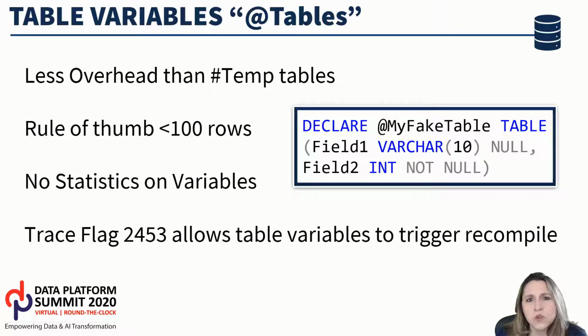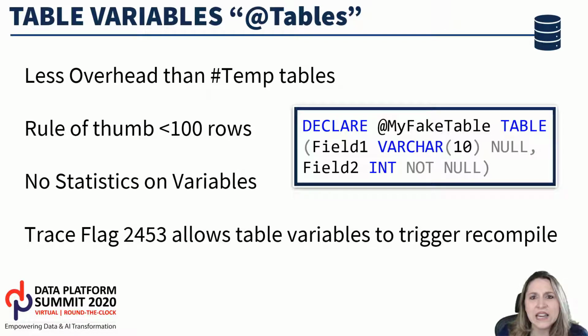So no matter what our actual rows coming through, it always planned the resources for one record, which means we usually spilled to Tempdb, or we didn't get the proper memory grants, or we didn't get the proper joins, things like that that are actually determined by the optimizer with the row counts. So in order for a table variable to use actual row counts, turning on 2453 enables that and triggers a recompile.